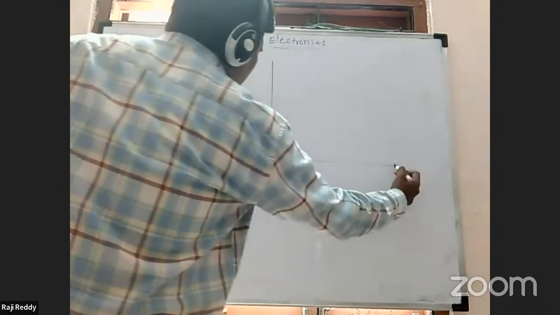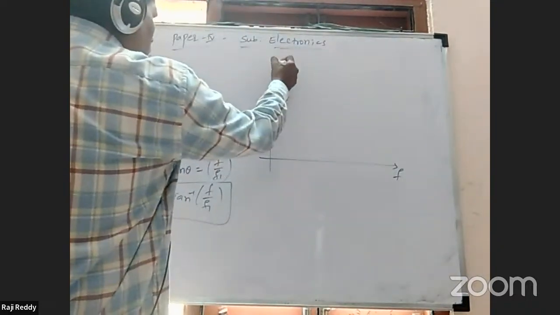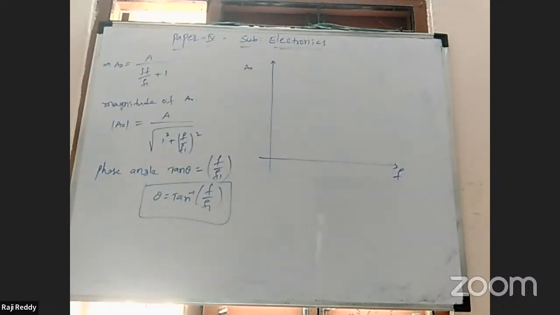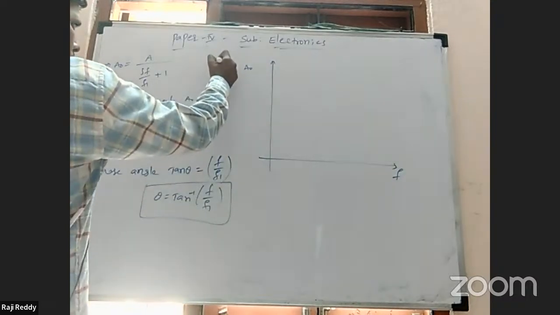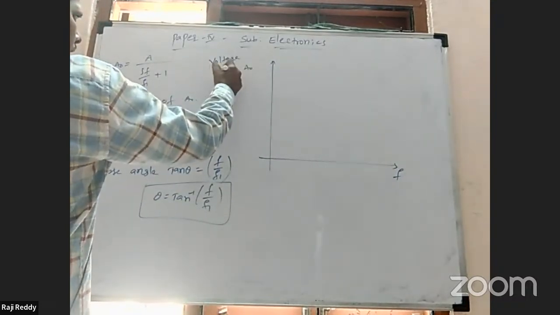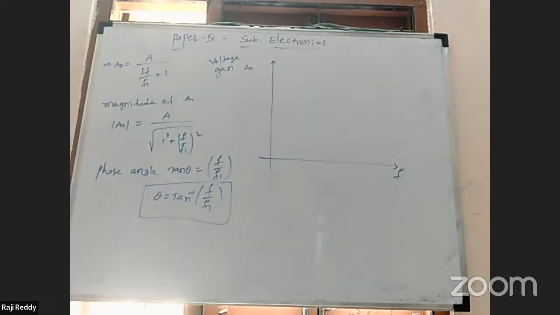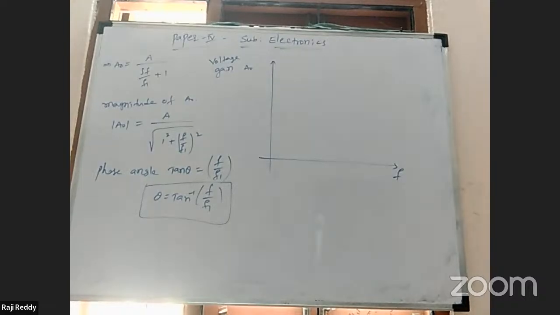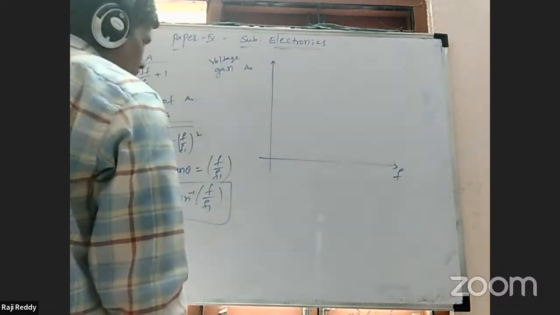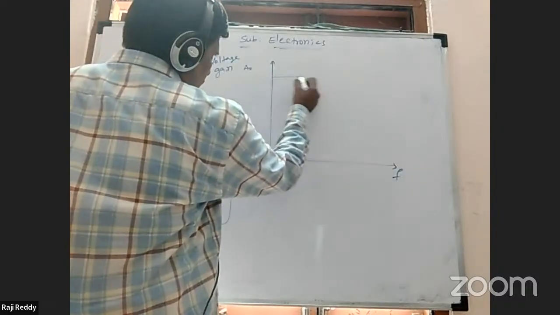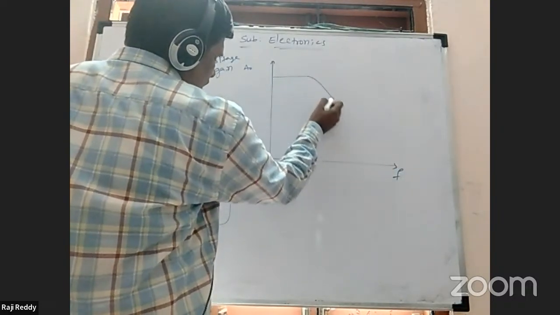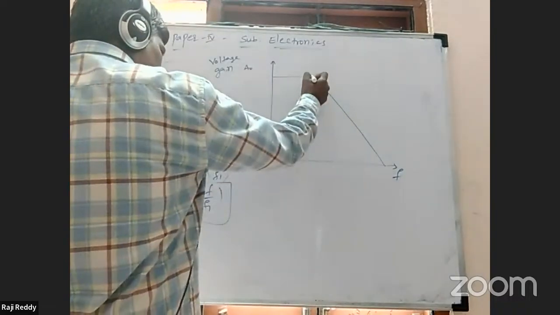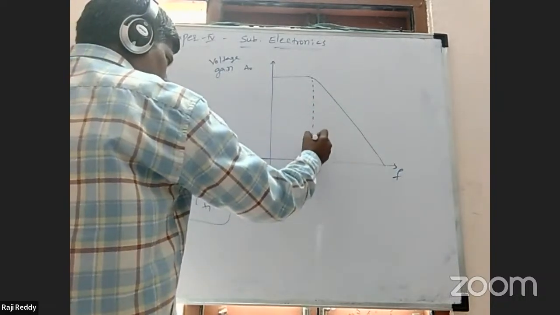On the x-axis, you can take frequency, and the magnitude of A naught is the voltage gain. The graph nature is slightly parallel to the x-axis at first, then slightly decreases, then it goes like a curve. At this position we'll get the cutoff frequency, that is f1.